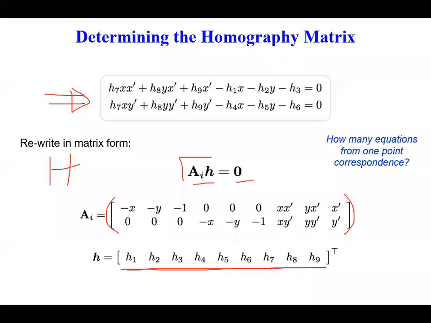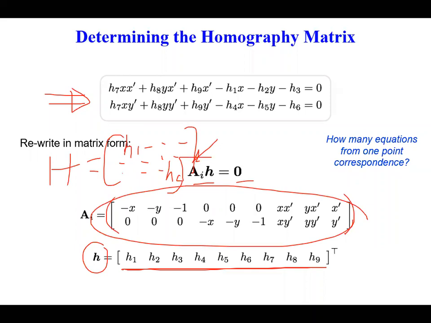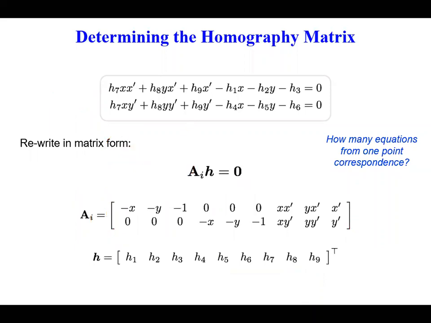If you recall, with this H matrix I have H1 all the way to H9. So this H will be the variable. I have the matrix A, which is this, and A multiplied by H is equal to 0, and we would like to solve that.